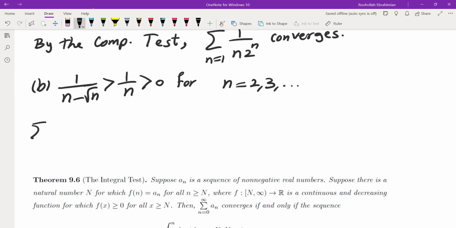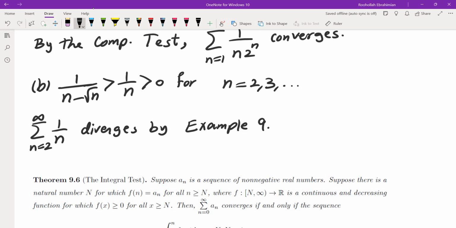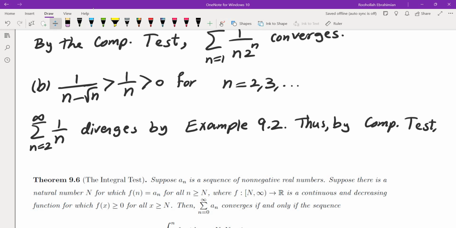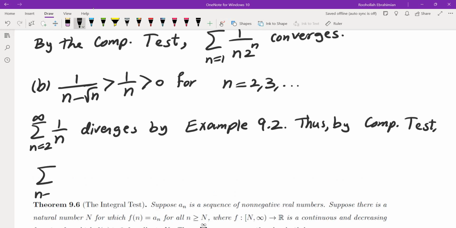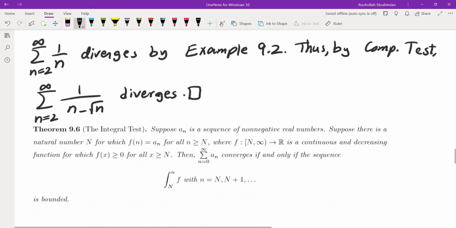And what we know is the sum of 1 over n, n equals 2 to infinity, diverges by the second example that we did, Example 9.2. Thus, by the comparison test, the other one also diverges. The sum n equals 2 to infinity of 1 over n minus root n also diverges, which is what we wanted to prove.